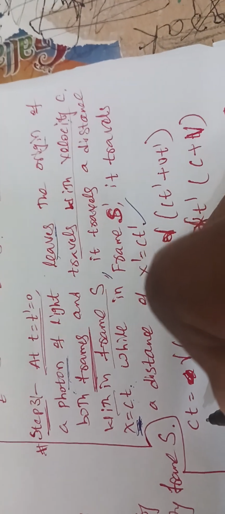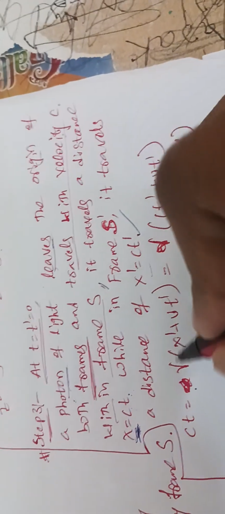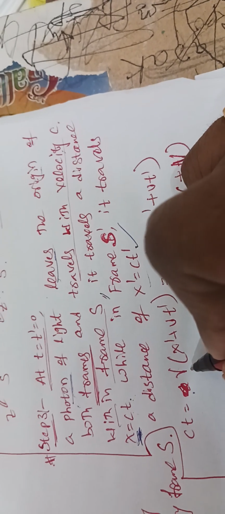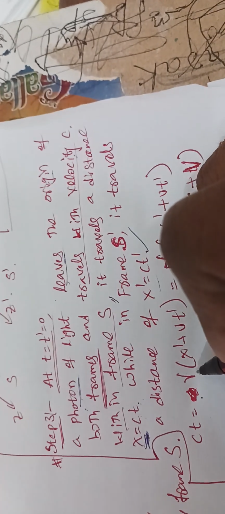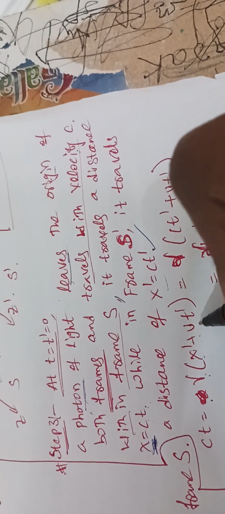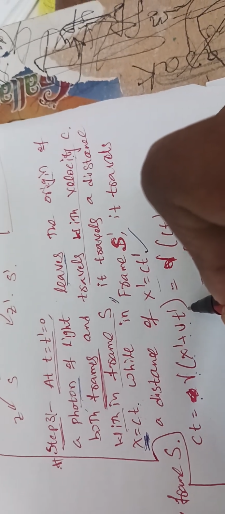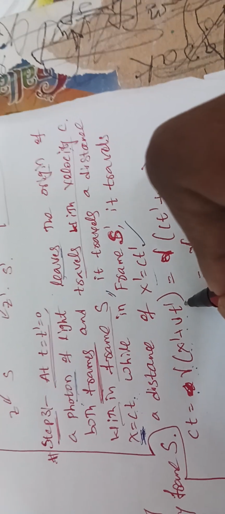Let us say ct can be written as gamma into, as in the previous case, whenever the light has moved from the frame, gamma into x dash plus vt dash, meaning the light has been released and is moving.